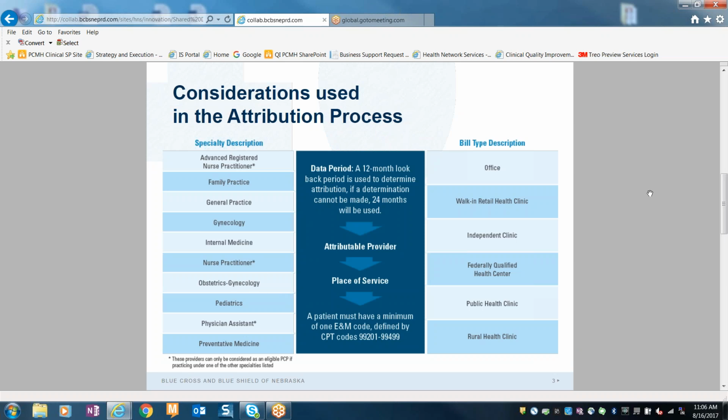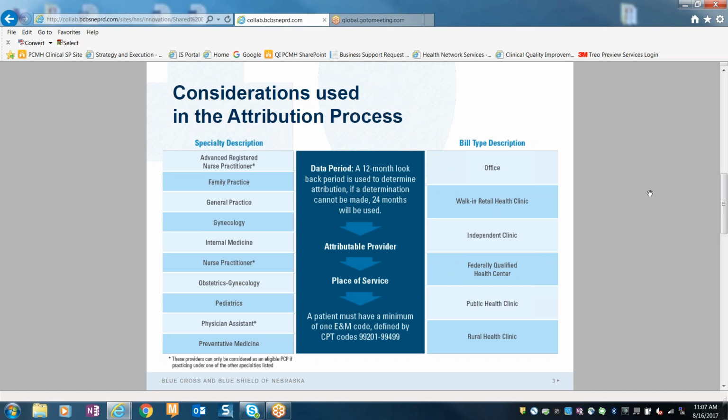So there's three basic pieces of information that we consider when completing attribution every month. We are looking at specific types of providers that are eligible for attribution. You can see those on the far left. These would be physician types that we would consider primary care physicians for our value-based programs.